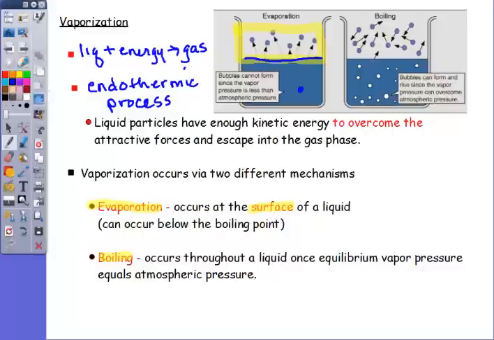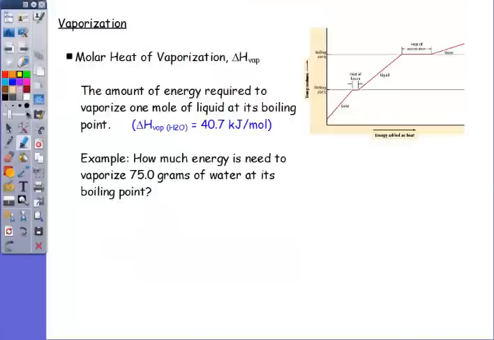So it's a lot easier for those particles to get enough energy to overcome intermolecular forces. Boiling, on the other hand, is happening throughout the liquid, and that's what all these little dots are supposed to represent. Molar heat of vaporization would just be the opposite sign of the molar heat of condensation. The number stays the same because they're opposite processes.